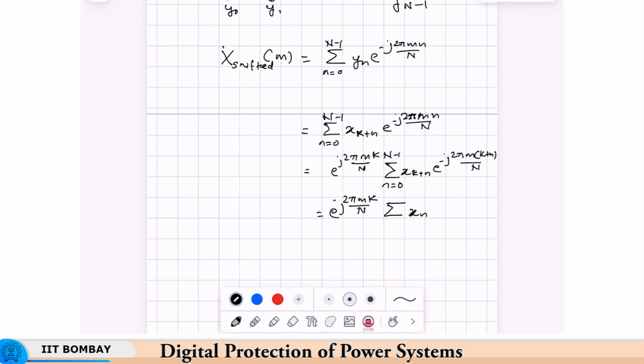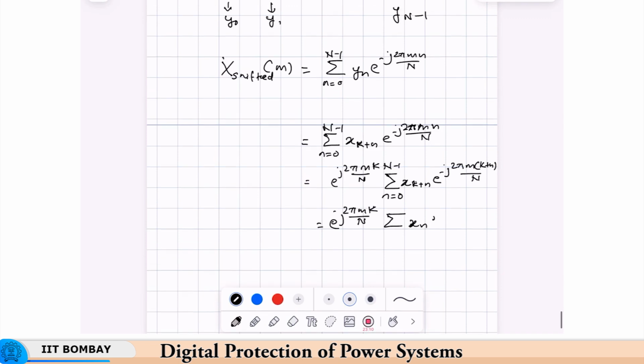We will have 2 pi m n by n, and we will vary the index from n is equal to k to n plus k minus 1. Okay.